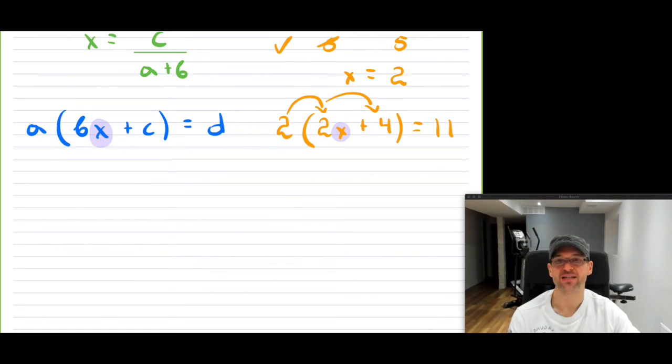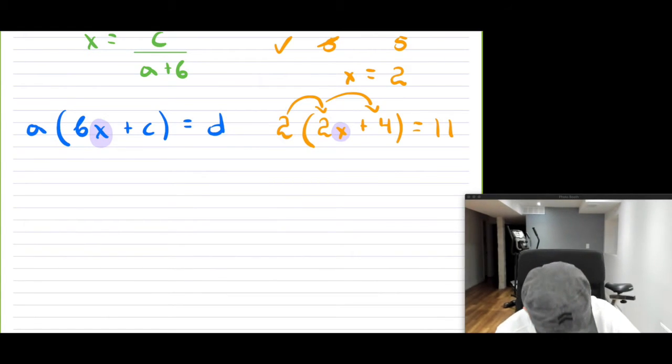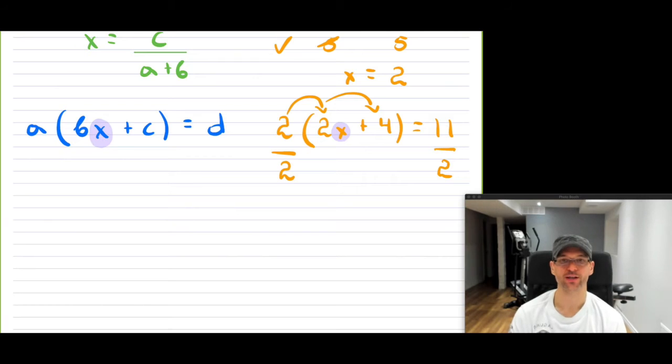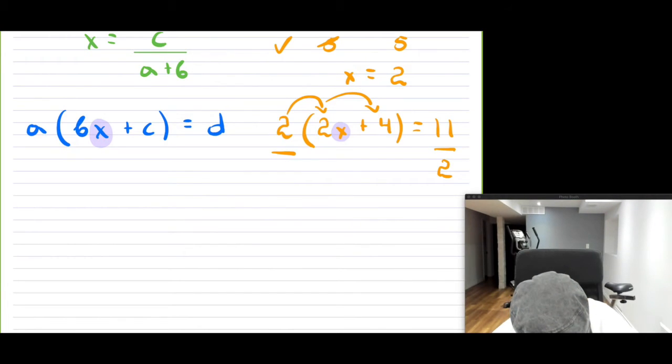Or, because it's outside of the bracket, we can also say, let's divide everything by 2, and then we can get started. And we would do that and go ahead and proceed. So those are the two things that you can run into. It doesn't really matter which one you do, it depends on whatever is convenient.